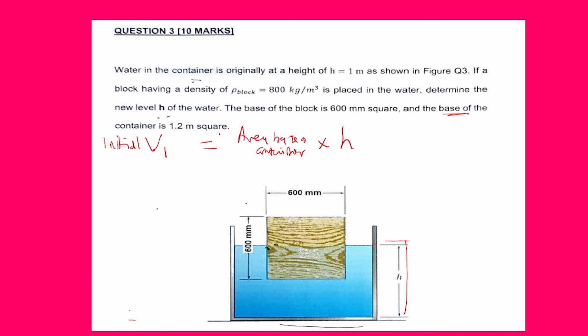That's what we know initially. So the initial volume of the container equals the base area of the container multiplied by the height, which we call H1. Let's assume it's H1.